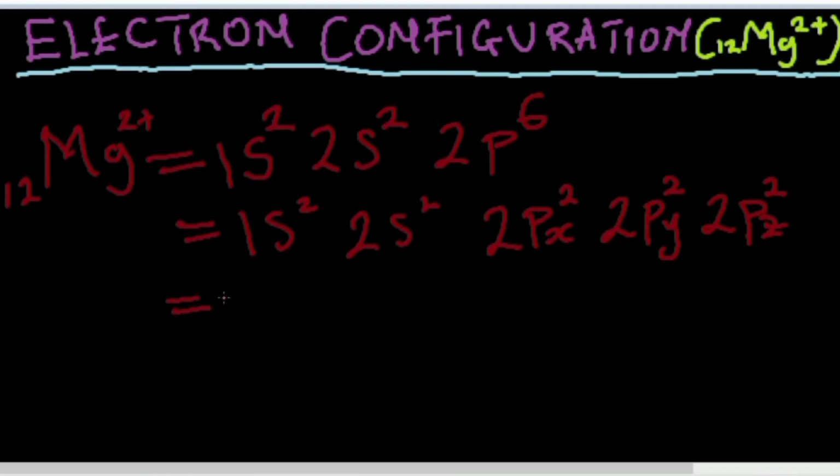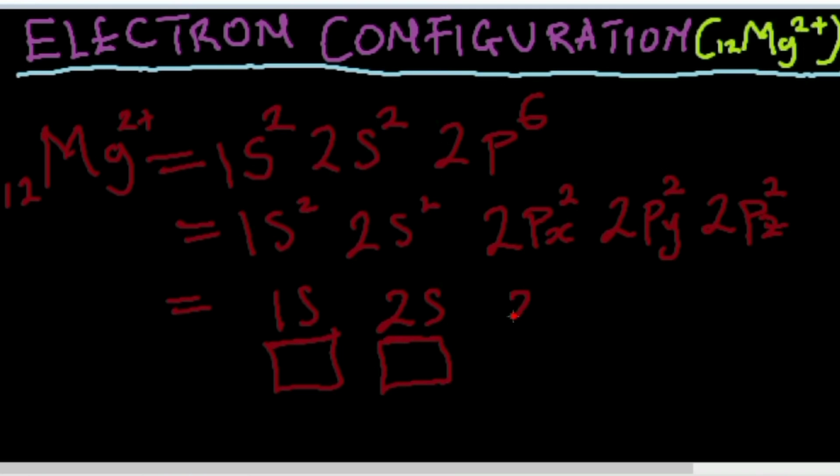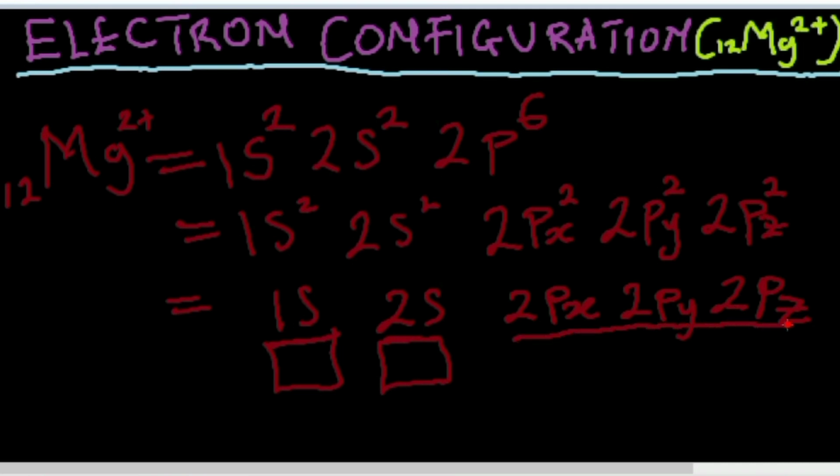Lastly, let's talk about the Bohr notation. So 1s, we have the 2s, we have the 2px, 2py, 2pz. Okay, so we have spin up, spin down, right?